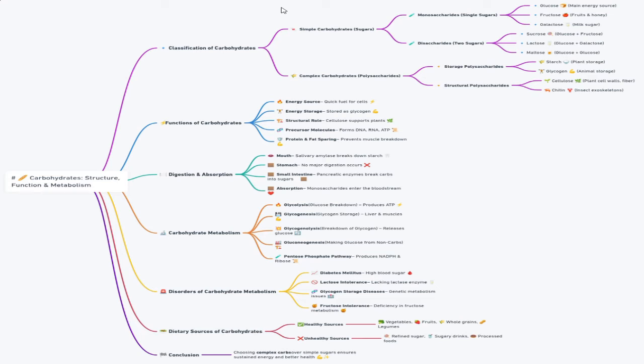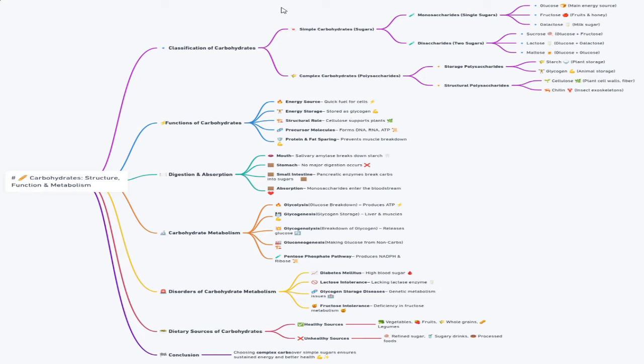Amylose, for instance, is a homopolysaccharide, and it falls under starch, which is energy storage in plants. So amylose is a homopolysaccharide, and the repeating unit is alpha-1,4 glycosidic bonds, which is linear.